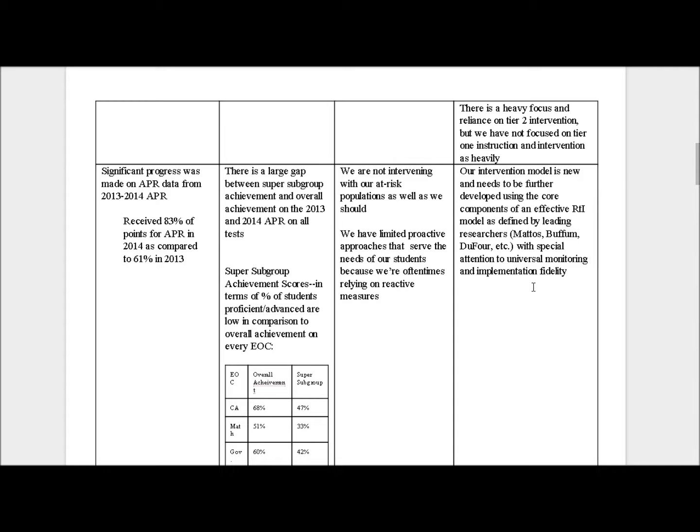But we don't consistently intervene at the Tier 1 level as often and as quickly as we could, is what I mean by having a heavy focus on Tier 2 intervention. And I say that based on my observations in classrooms, as well as in conversation with teachers about needing additional support in terms of how do I intervene with students.